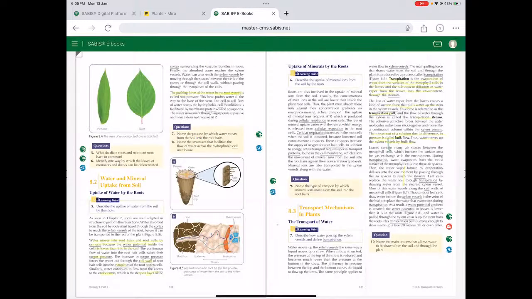It will be the transpiration pull. So the force is referred to as the transpiration pull. And then the flow of it will be called the transpiration stream. And again, the movement of any solution, not just water, that is due to pressure differences, we call bulk flow. Is that more clear?